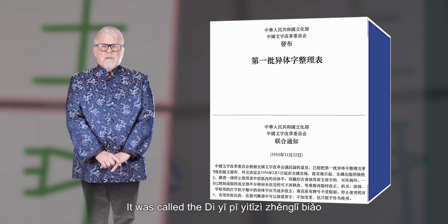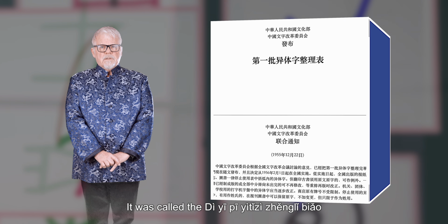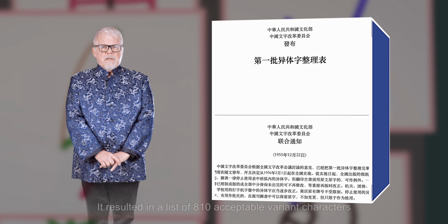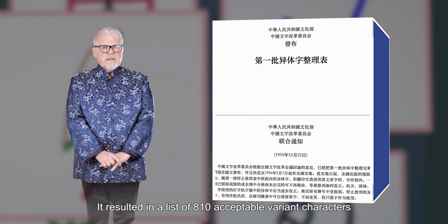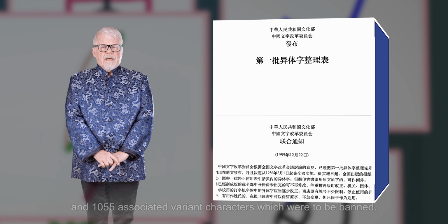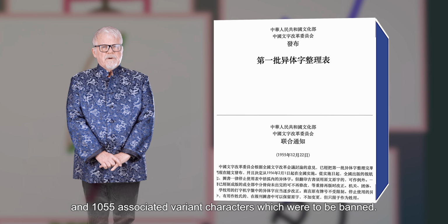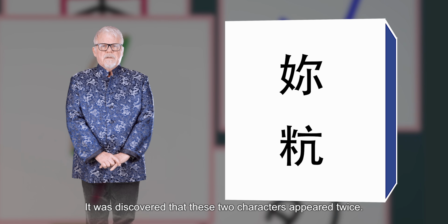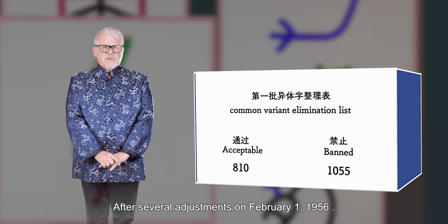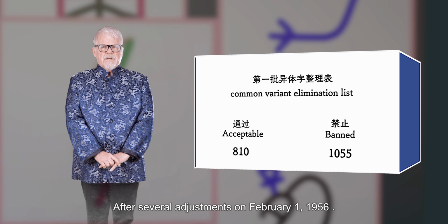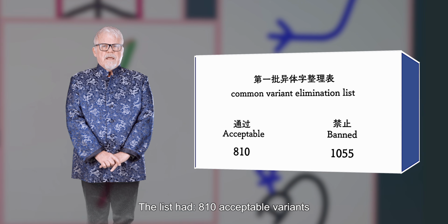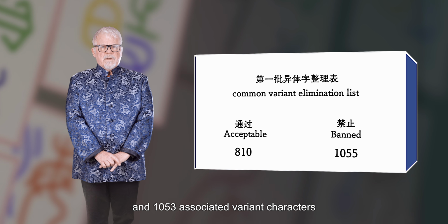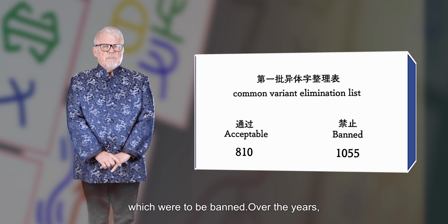It was called the DEPET Zi Zhengli Biao, now referred to as the Common Variant Elimination List. It resulted in a list of 810 acceptable variant characters and 1,055 associated variant characters which were to be banned. It was discovered that these 2 characters appeared twice. After several adjustments on February 1, 1956, the list had 810 acceptable variants and 1,053 associated variant characters which were to be banned.